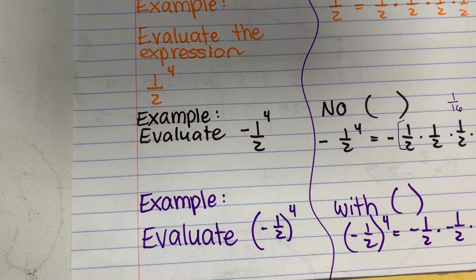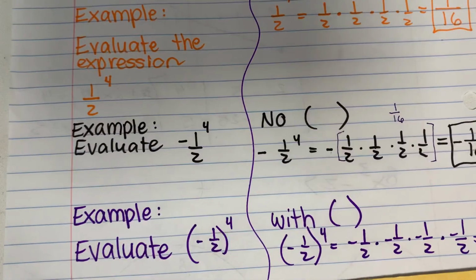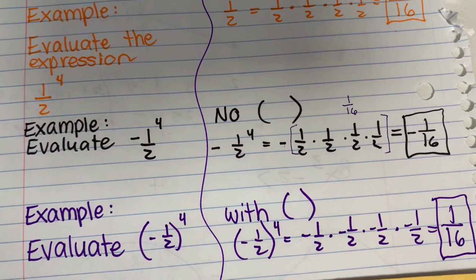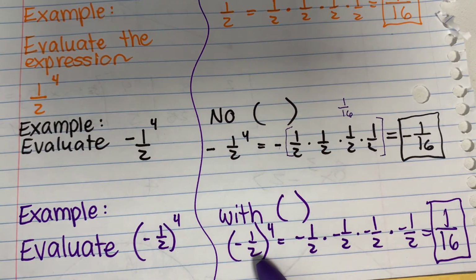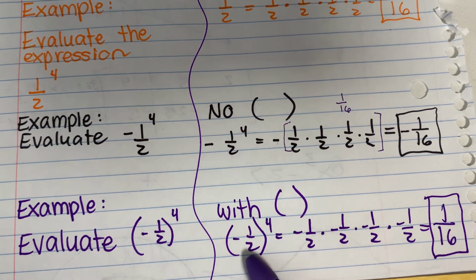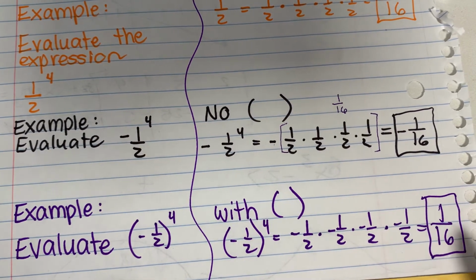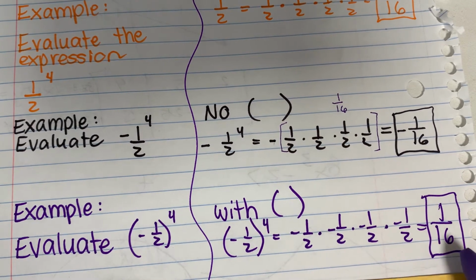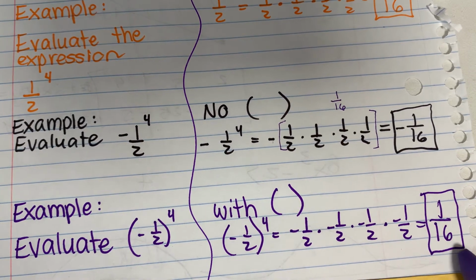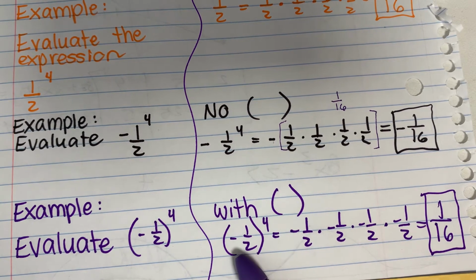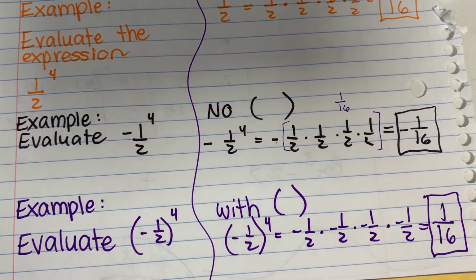So with parentheses, this number inside tells us negative 1/2, negative 1/2, negative 1/2, negative 1/2. So when you do that, it gets positive 1/16. With the parentheses, without the parentheses.